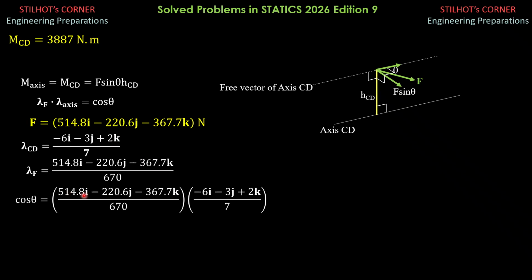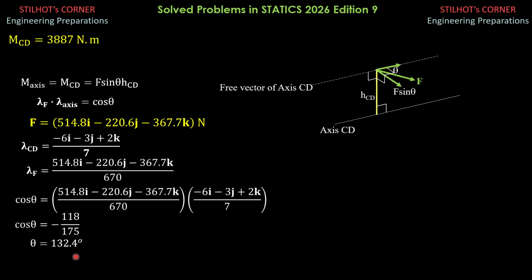That is 514.8 times negative 6, then plus negative 220.6 times negative 3, plus negative 367.7 times positive 2, divided by quantity 670 times 7. So that's a magnitude on the right side. So cosine theta, scalar value on the right side, negative 118 over 175. The negative sign indicates that the angle theta is more than 90 degrees. So inverse cosine, so that is 132.4 degrees.